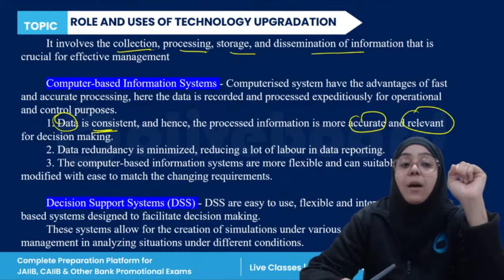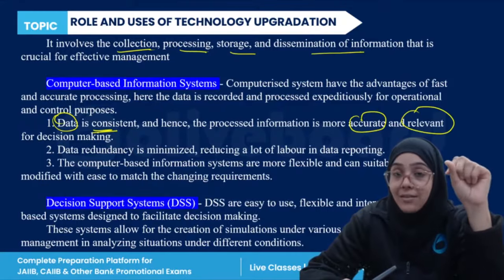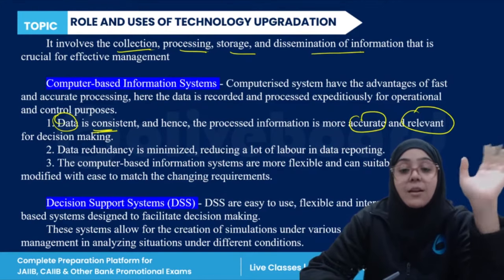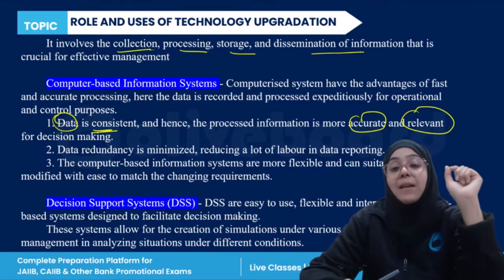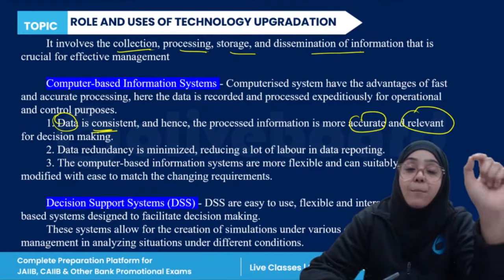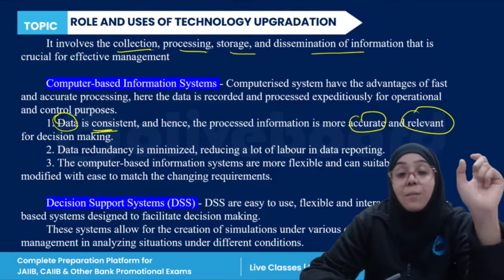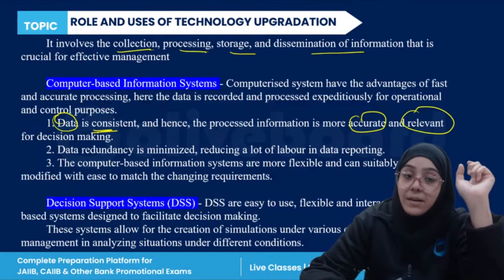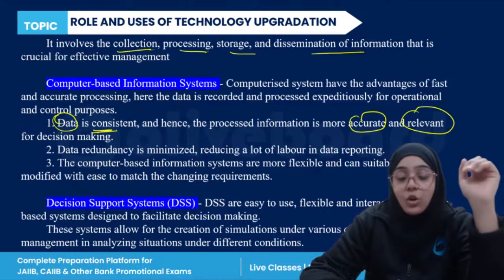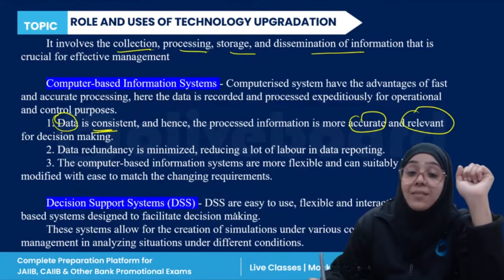Now next, if we talk about data redundancy, in the computer-based system it is minimized, reducing a lot of labor in data reporting. Computer-based information systems are very flexible and can be suitably modified with ease to match changing requirements. Clear? Now, the Decision Support System, DSS.